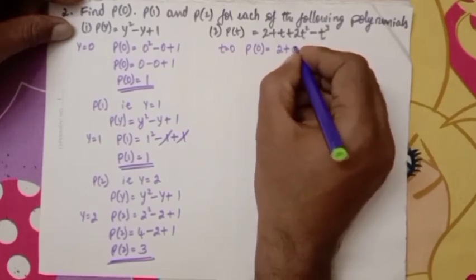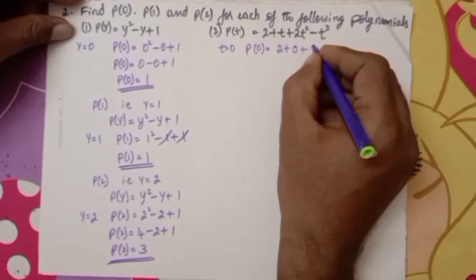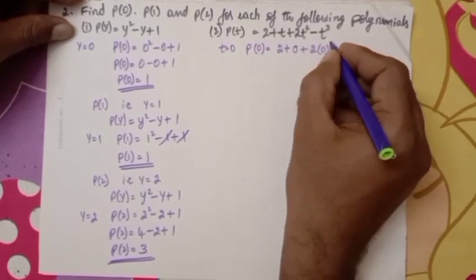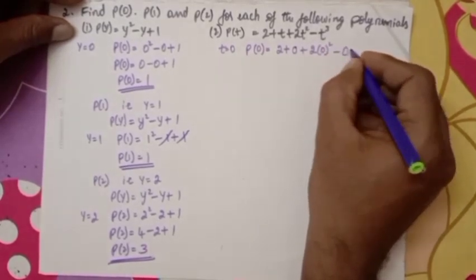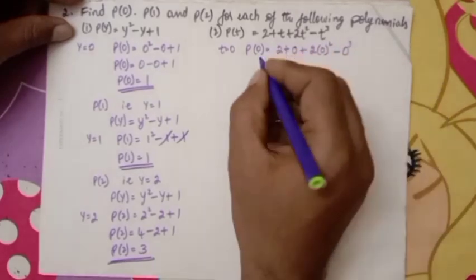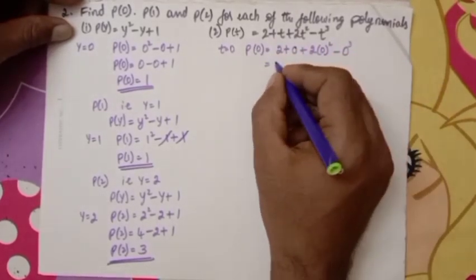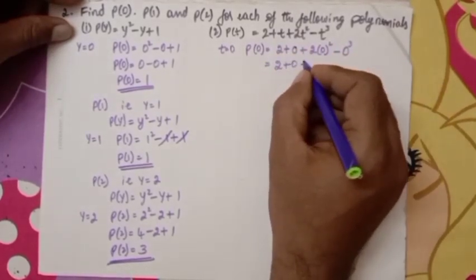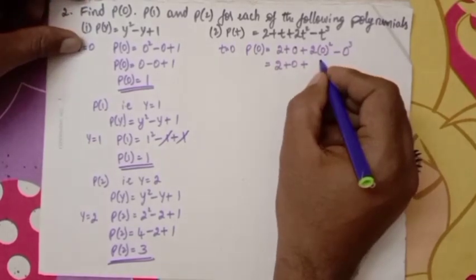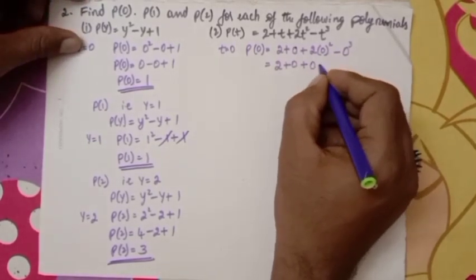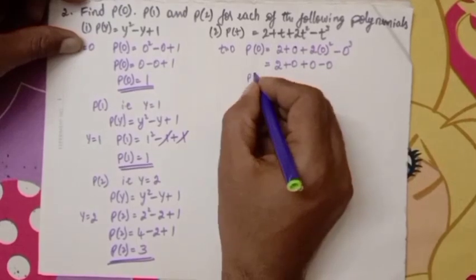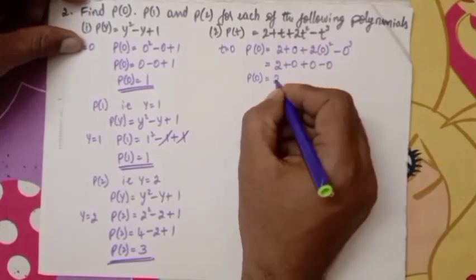In place of t we should write 0 plus 2 into 0 square minus 0 cube. So here 2 plus 0 plus 0 square is 0, 0 into anything is 0 minus 0. p of 0 is equal to 2.